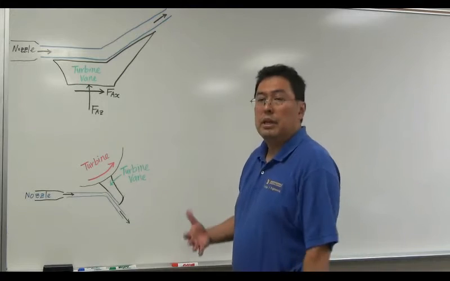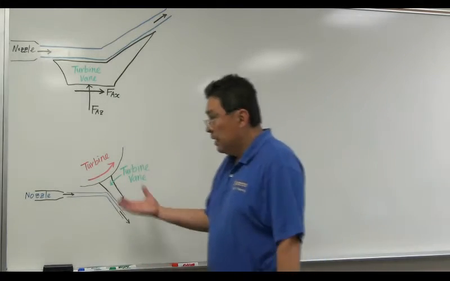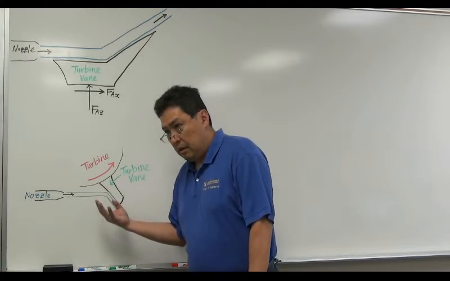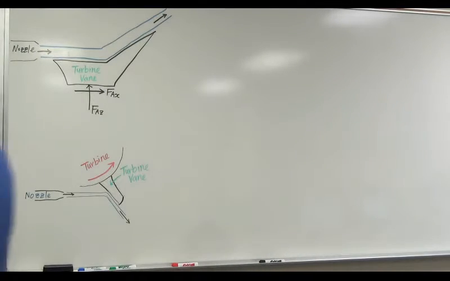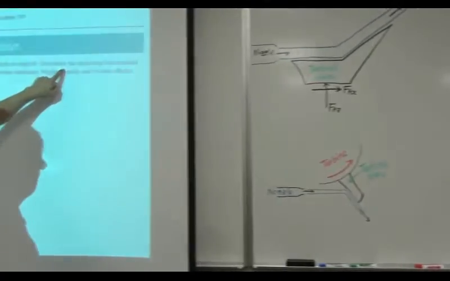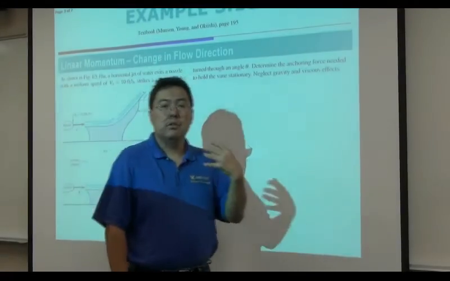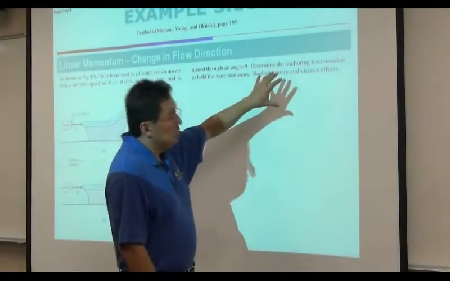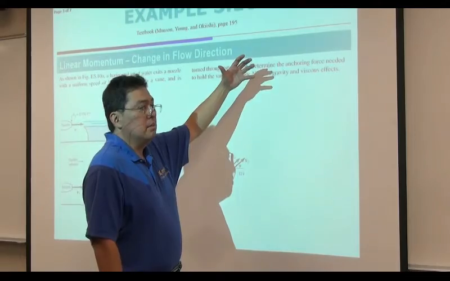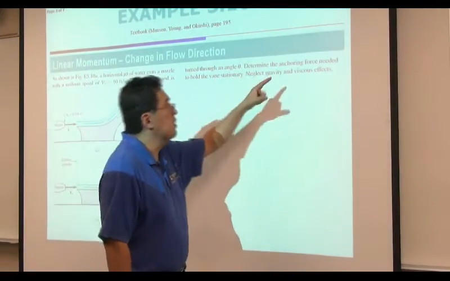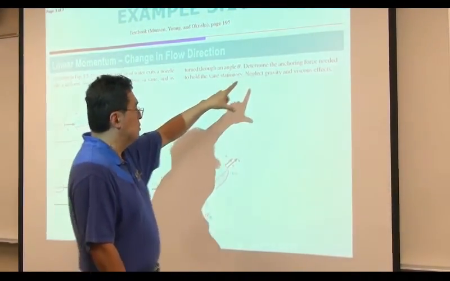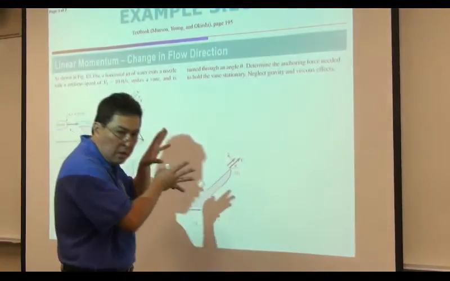So how much force do we need? That is the force equal and opposite to the force called the anchoring force needed to hold the vane stationary. So you need to develop an equal and opposite, actually a little bit bigger, force in the opposite direction in order to push this turbine vane and start moving. Okay?